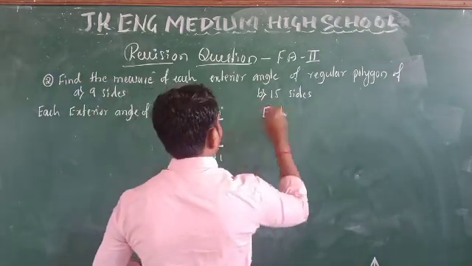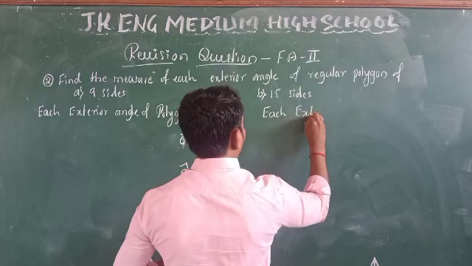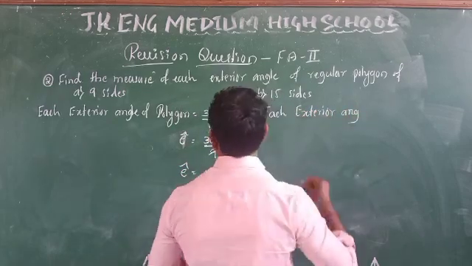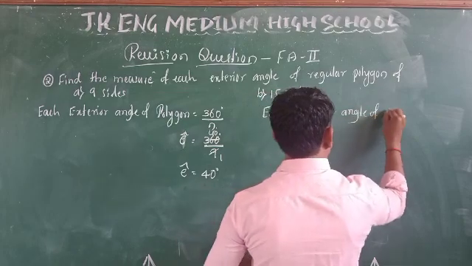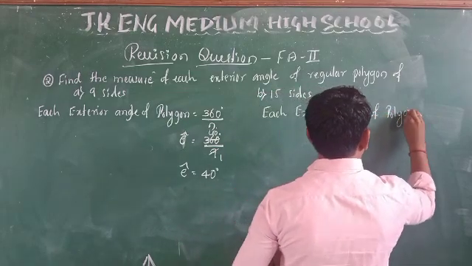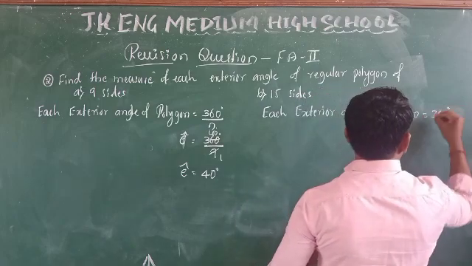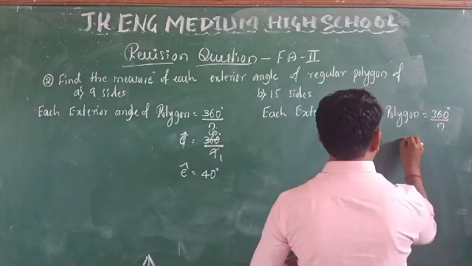Each exterior angle of polygon is equal to 360 degree divided by n.